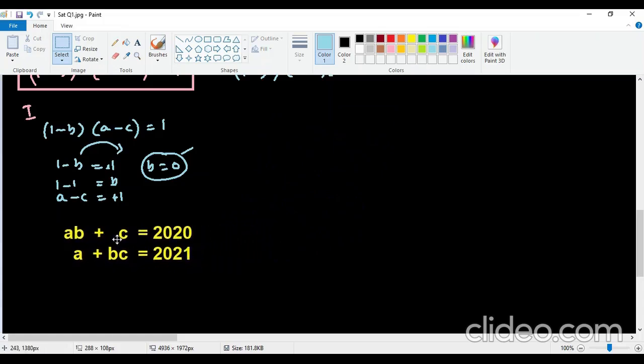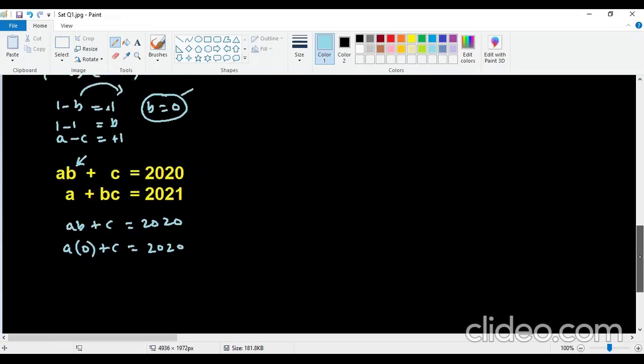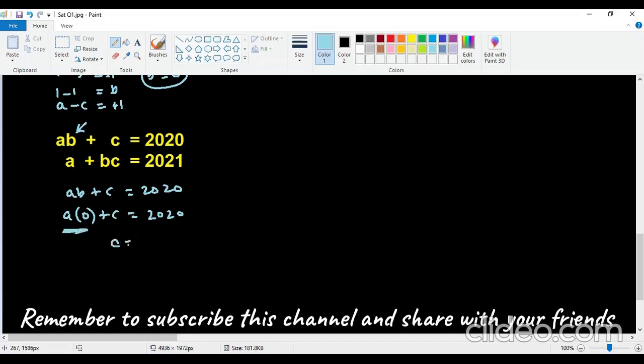Now when we substitute b as 0, ab plus c equals 2020 becomes a times 0 plus c equals 2020. Now if this is 0, this becomes 0, so the value of c is 2020.